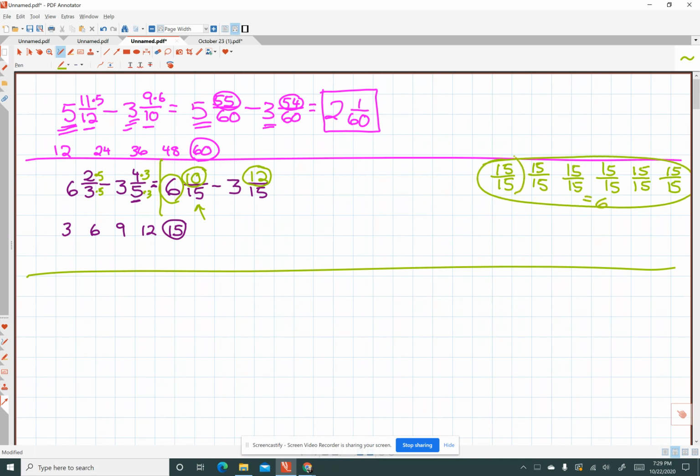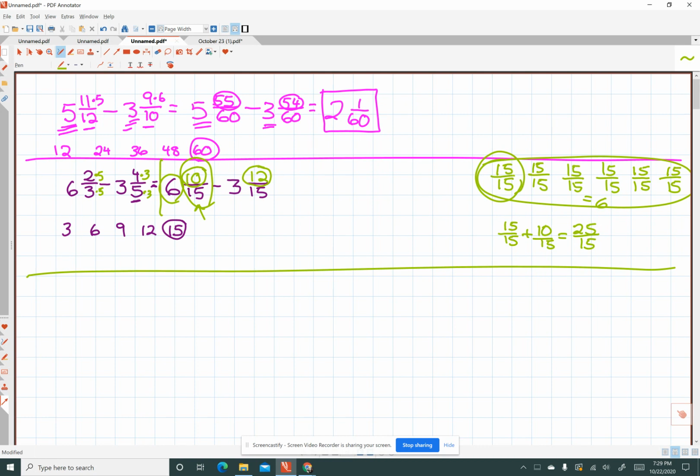So we're going to borrow one group because we need to add 15 over 15 right here to 10 over 15. And remember, we keep the denominator when we add. So 15 plus 10 is 25/15.